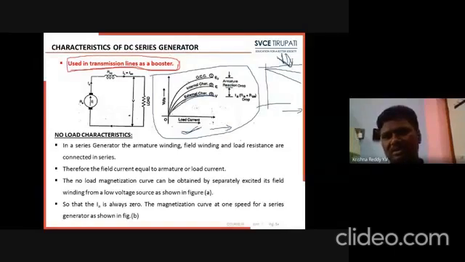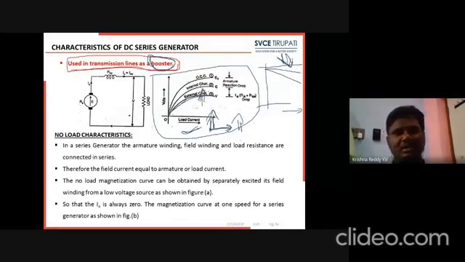But in the DC series generator, as the load increases, the induced voltage also increases. That's why these DC generators are used as boosters. Even if you increase the load, the generator voltage increases. It has rising characteristics. That's why the DC series generator is used as a booster in transmission lines.